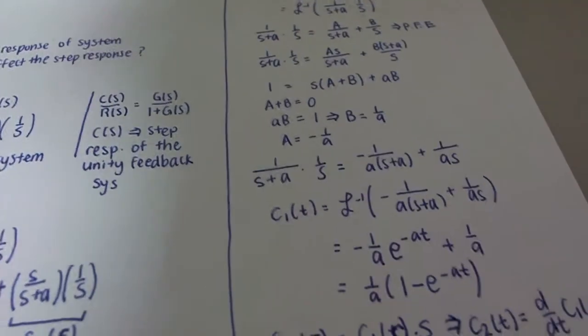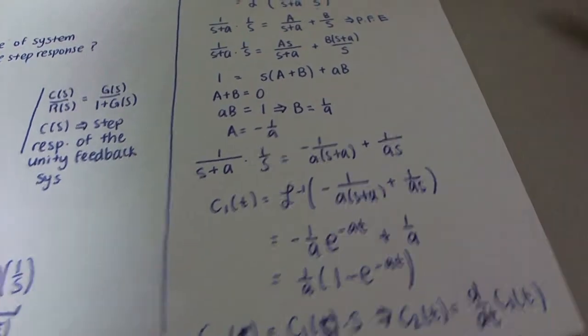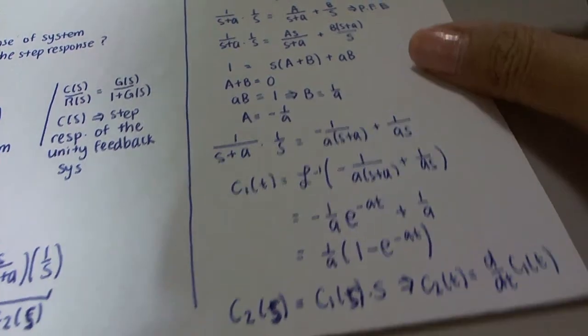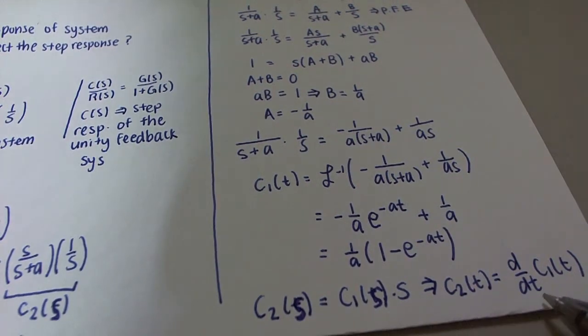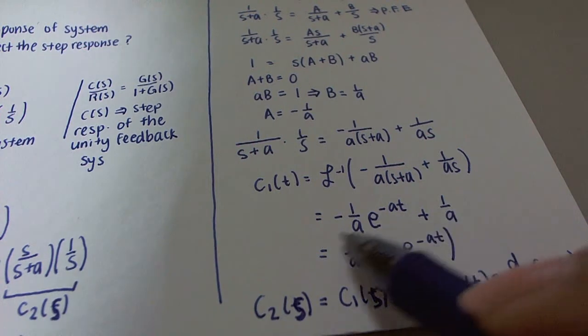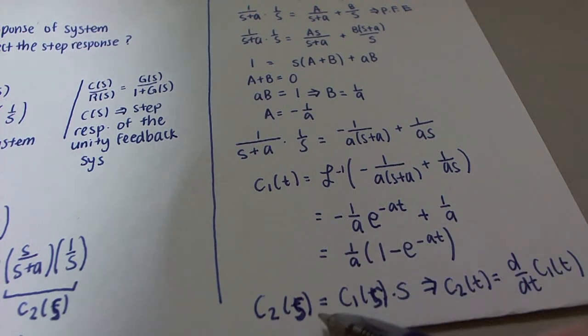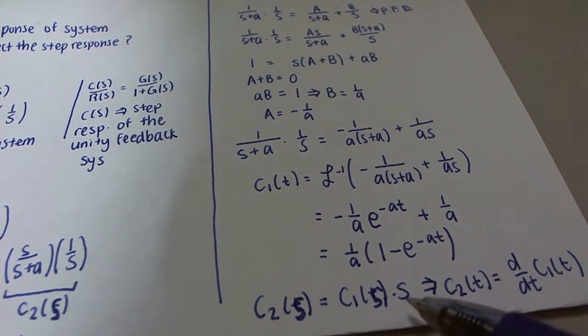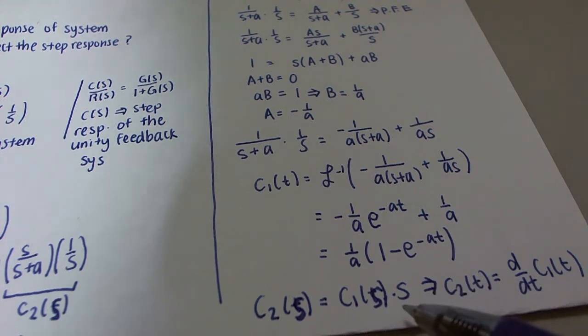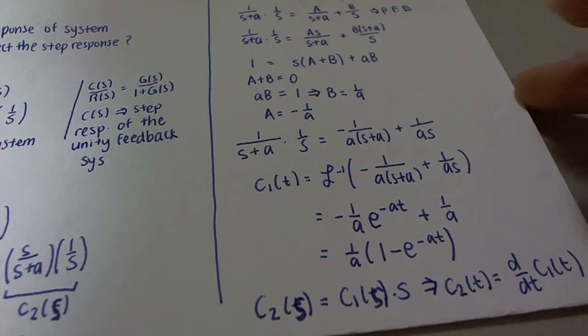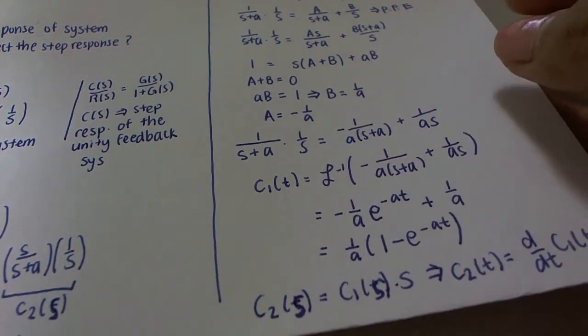So that is the step response equation for C2 of t, and we can get it just by differentiating C1 of t over here because of the rule of differentiation from the multiplication with s in the Laplace domain. So let me start with a new piece of paper.